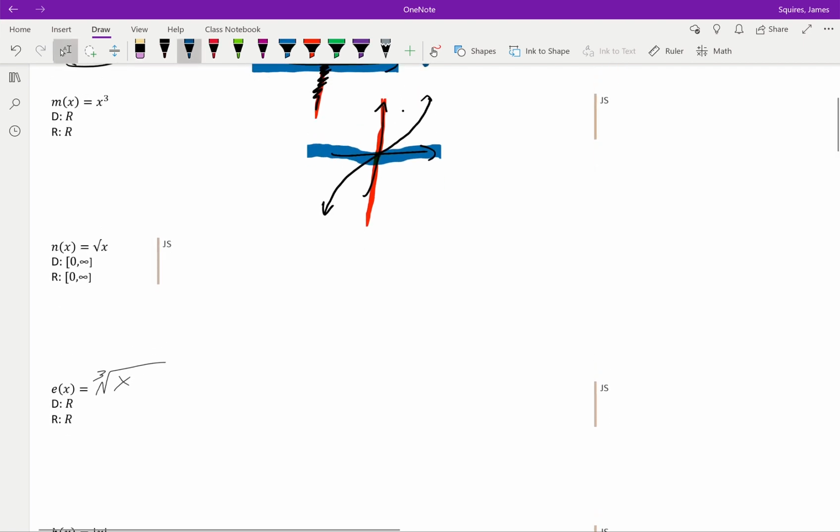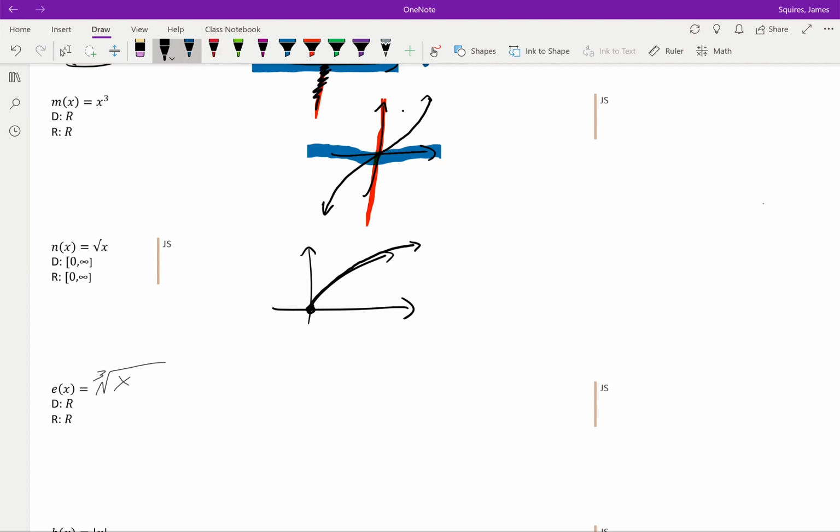Alright. We're going to talk about n of x equals the square root of x. That function starts at the origin and is always increasing, but increasing at a decreasing rate. So that's what that function looks like.